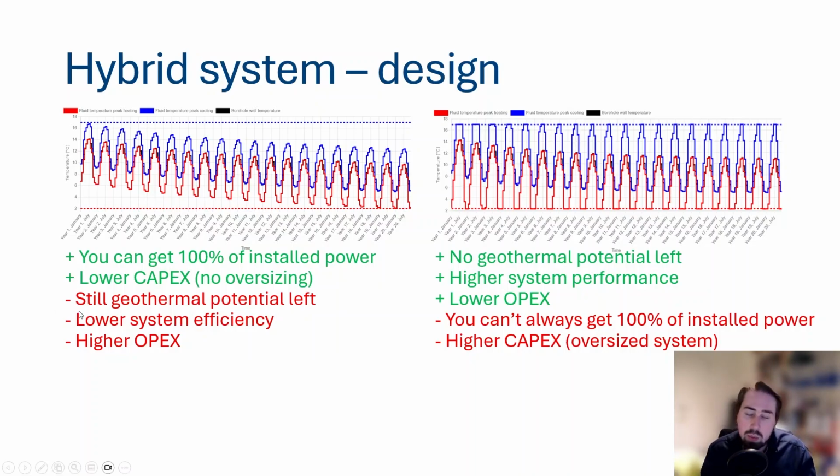But as we saw on the previous slide, there is still some geothermal potential left, namely in the first years in heating and in the last years in cooling. And because there is some geothermal potential left, our system efficiency is most probably lower, because geothermal systems have the tendency to be very efficient, and if we have to rely more on our hybrid system, chances are our total system performance is lower.